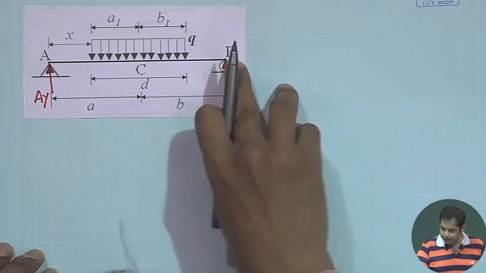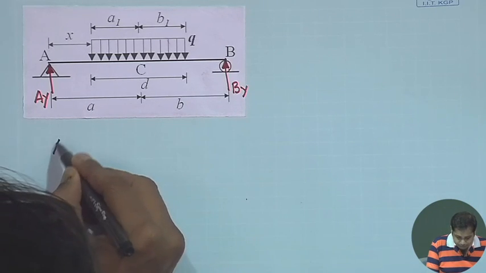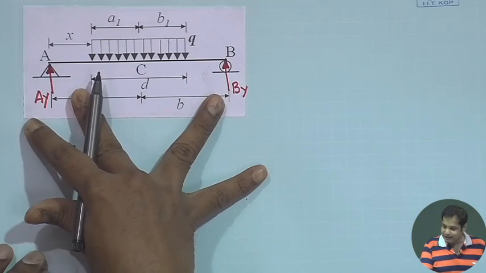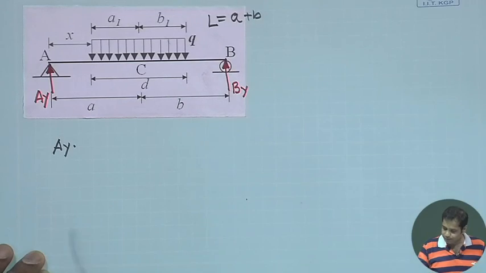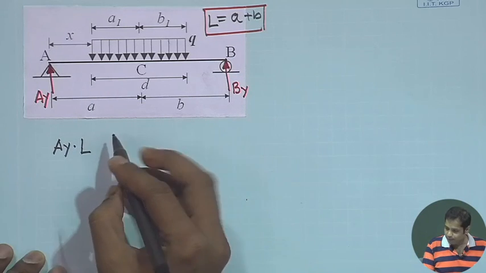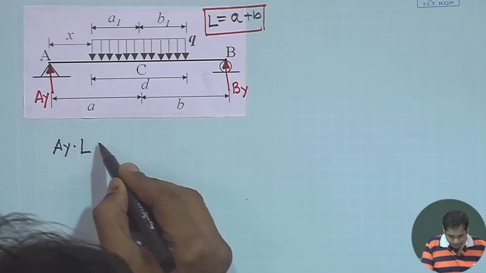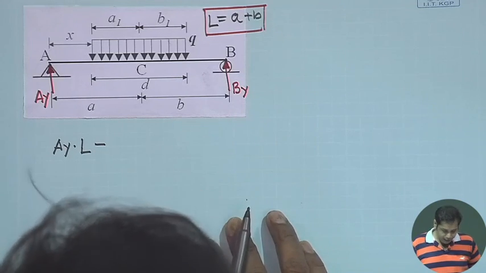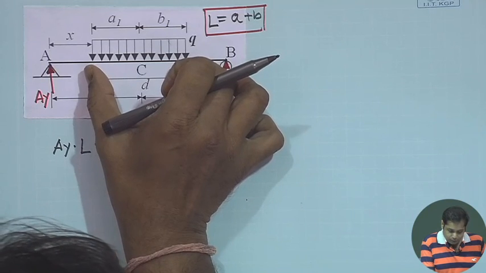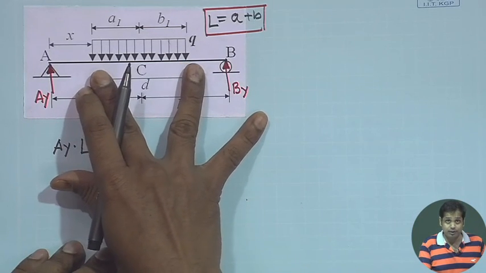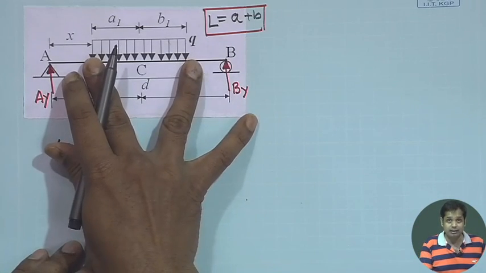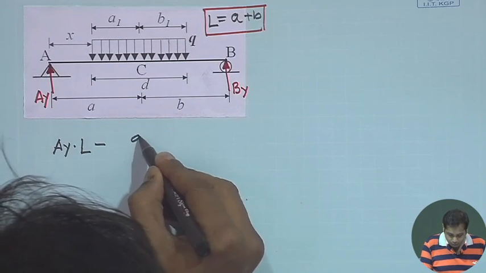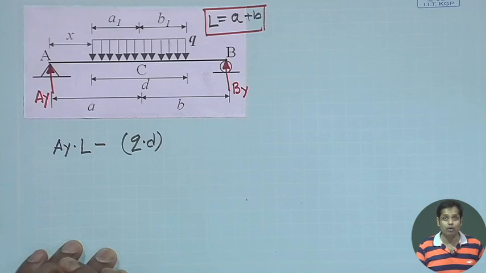If we take moment about B, we get Ay into L, where L is equal to A plus B, so the total length is L. Then minus the load due to this distributed load, which is Q into D, the total load acting downward.